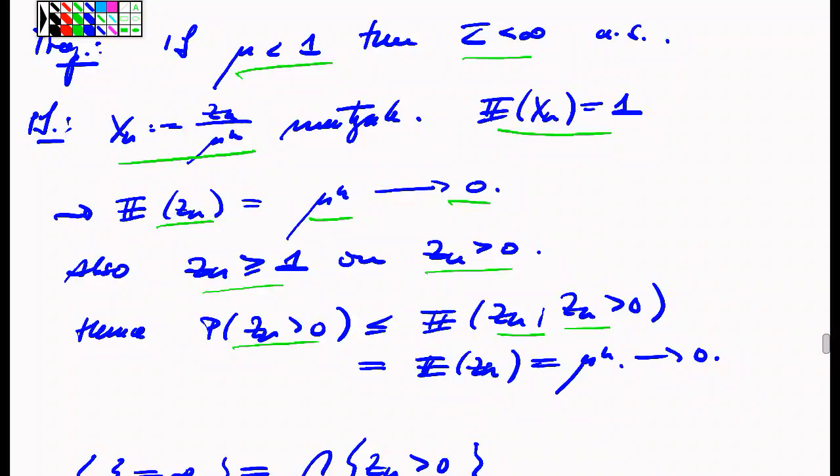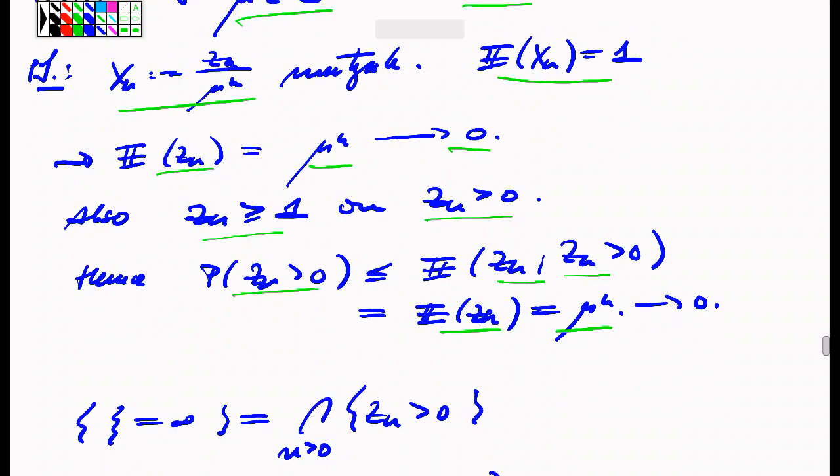But this is the same as the expected value of Zn, because whenever Zn is 0, it does not contribute to the expected value anyway. And this is mu to the power n, which converges to 0. So therefore, the probability of Zn being positive converges to 0.